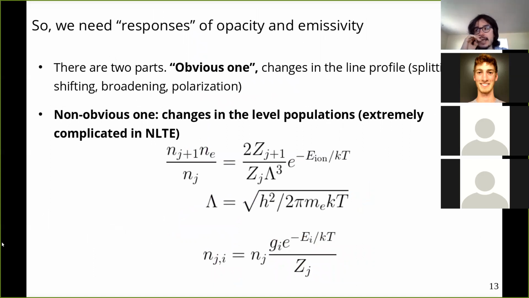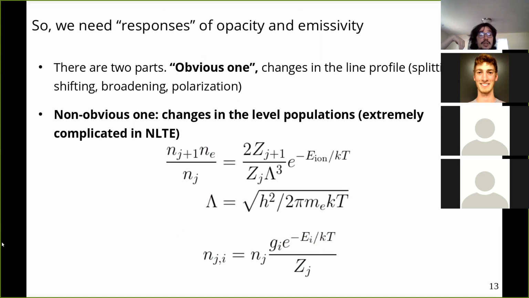So when I ask you what the temperature is doing to the line shapes, I bet your first instinct will be to say that increasing the temperature will broaden the line shape. Or if I ask you what the velocity is doing to the lines, you will say it shifts the lines or something like that.